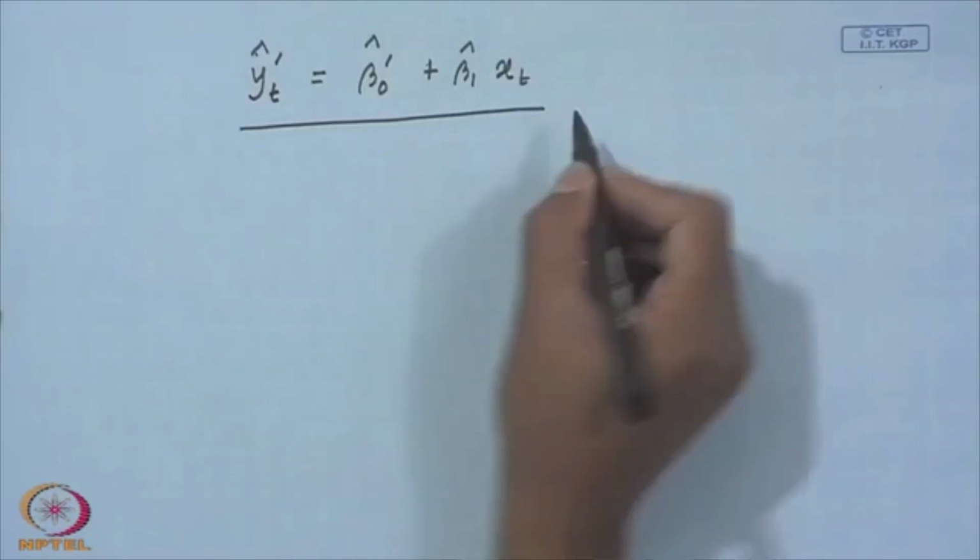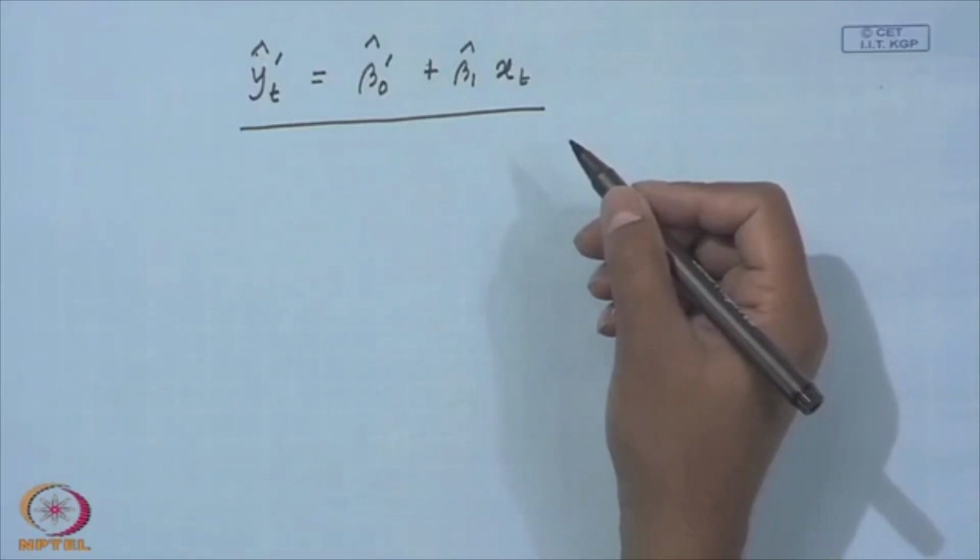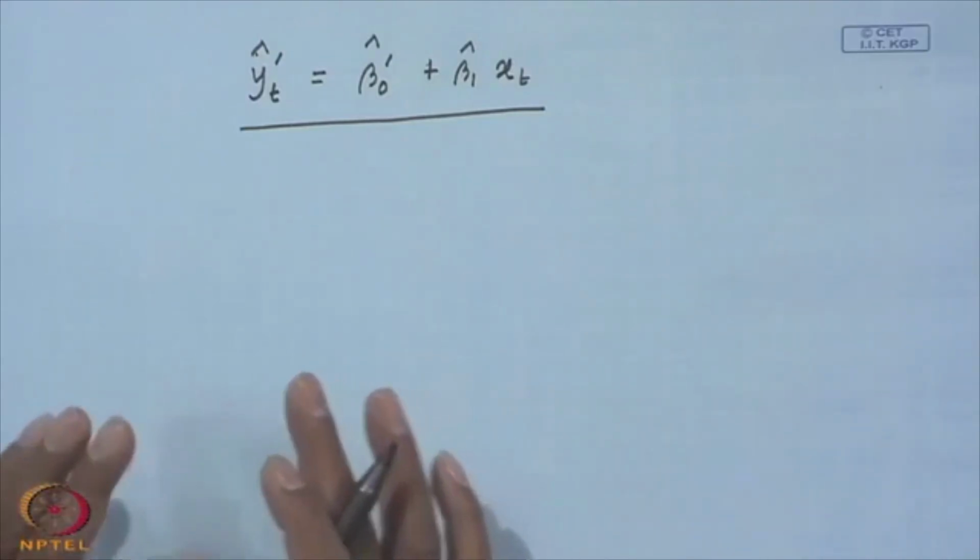Okay. So, this is how you can fit the model in the presence of second order autoregressive error. This is called the Cochrane-Orcutt procedure, and in a module called regression models with auto-correlated errors, we talked about the same technique for first order autoregressive errors.